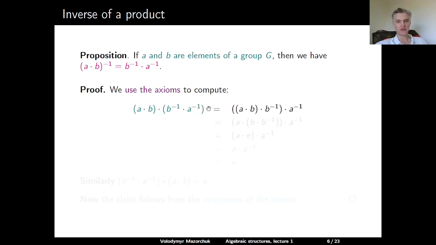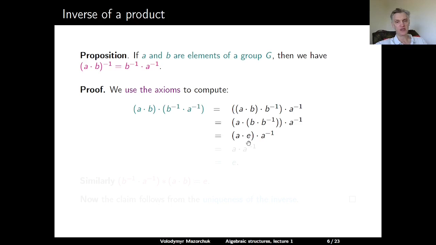First of all, we use the associativity to rewrite this product in the following order. So we first multiply A and B, then we multiply the outcome with B inverse, and then we multiply the outcome with A inverse. Next, we use the associativity to move the brackets here. So we rewrite this in the following order. We first multiply B and B inverse, then we multiply with A on the left, and then with A inverse on the right.